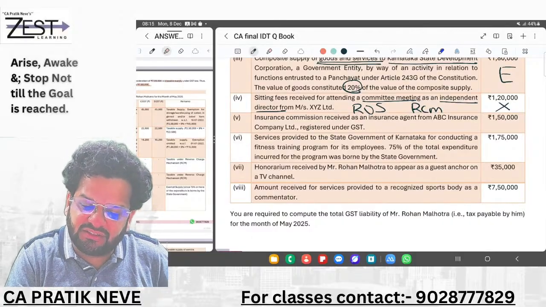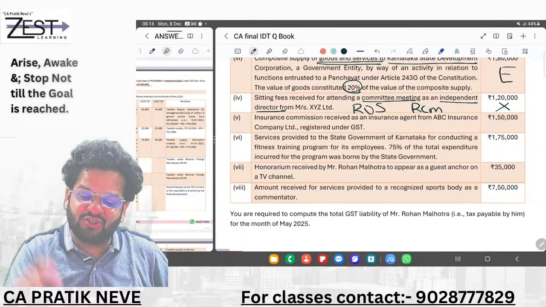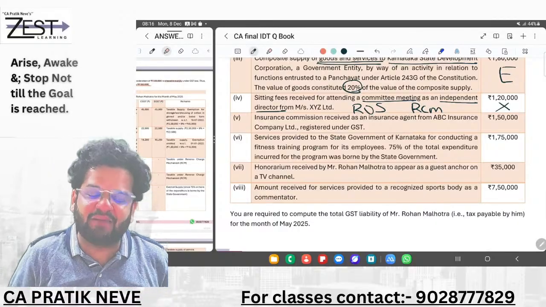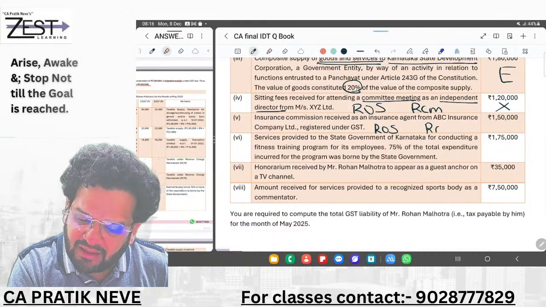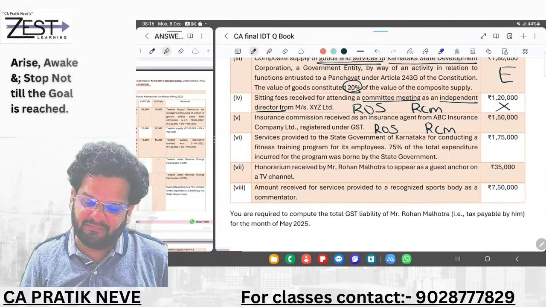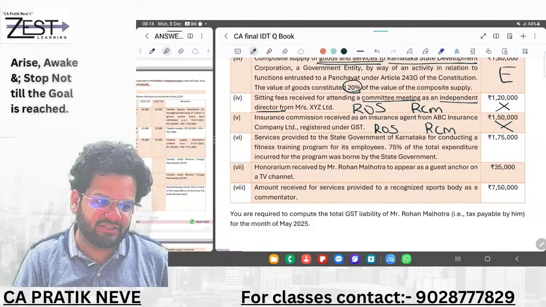Insurance commission received as an insurance agent from ABC Insurance Company, who is liable to pay GST, is again the recipient of supply on RCM basis. So I, as a supplier, am not liable to pay GST.